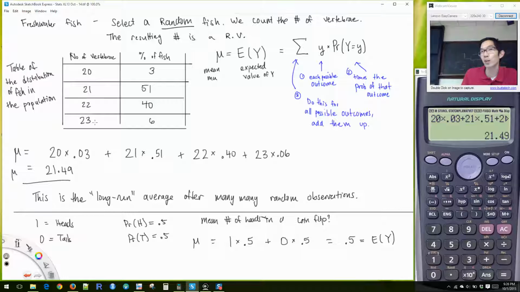Now, maybe there's some other population of fish where all four values are equally likely. And in that case, would we have more variance or less variance? More variance, okay? And so in the same way we can talk about the spread in a data set, we can talk about the spread in a population for a random variable. We can talk about the spread in a random variable, saying I'm expecting there to be wild variation between the values that I get.